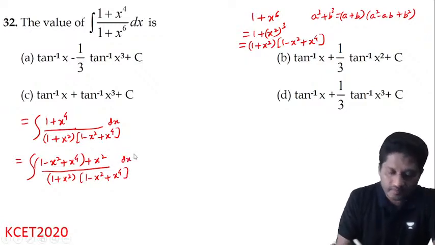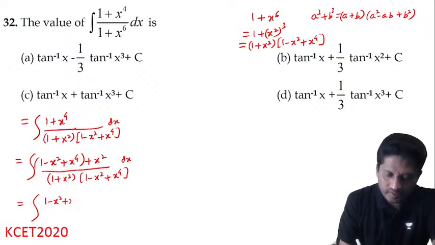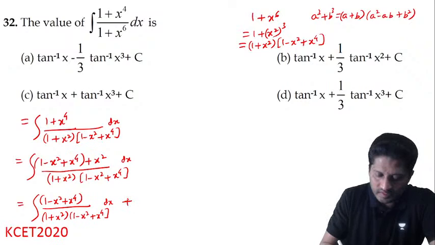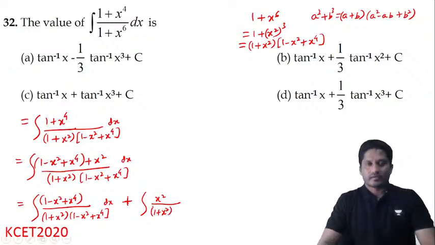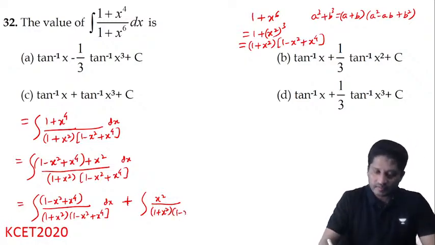Now if I separate them, integration of (1 minus x square plus x to the power of 4) divided by (1 plus x square into 1 minus x square plus x to the power of 4) dx, plus integration of x square divided by (1 plus x square) into (1 minus x square plus x to the power of 4) dx.